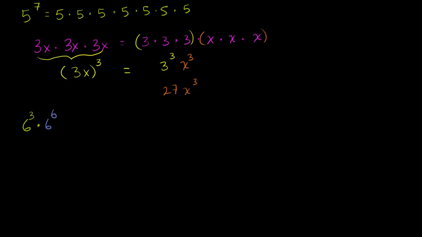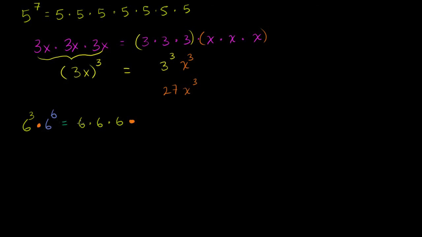What is this going to be equal to? Well, 6 to the third, we know that's 6 times itself 3 times. So it's 6 times 6 times 6. And then that's going to be times 6 to the sixth power.